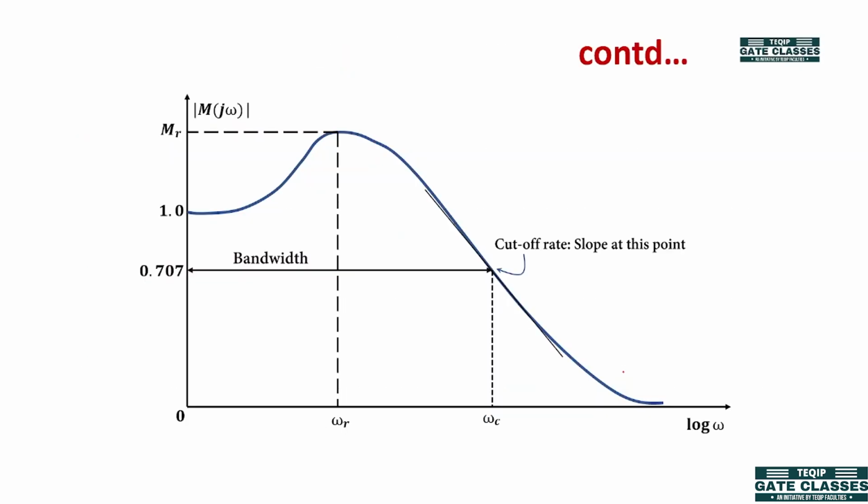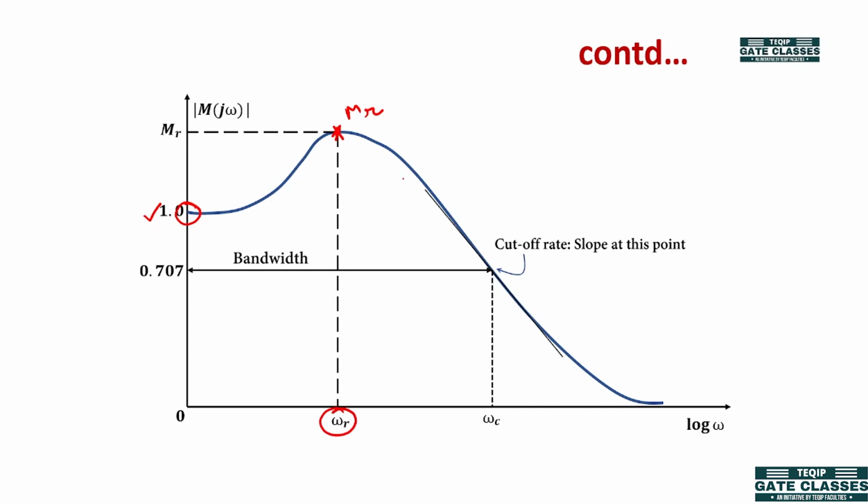This we can see in the graph. This is the graph for M of omega. So this is our zero frequency value, that is 1. It starts increasing from its zero frequency value. It reaches a point, that is its maximum value, called the resonant peak, and the frequency at which it is occurring is called the resonant frequency, that is omega r.